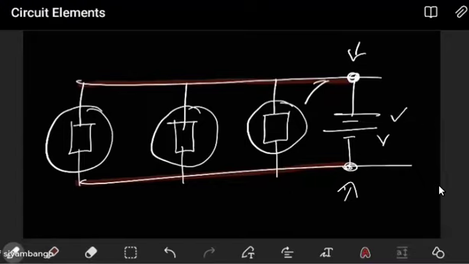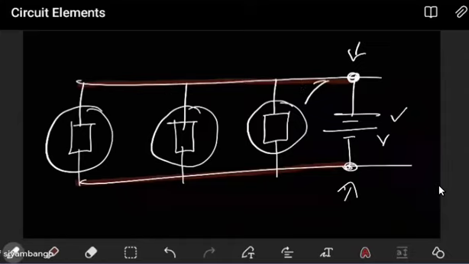Yeah, for example, this circuit I've given you here. It's even the same reason why you use parallel connection in households or in domestic use. Why? Because it supplies an equal amount of voltage to each element.